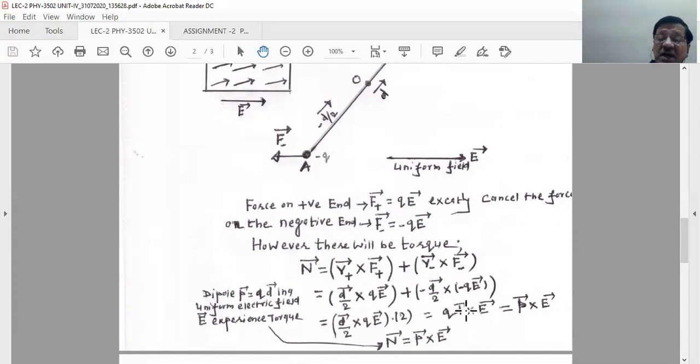Q into D is basically the dipole moment. So you get the dipole moment P cross E.